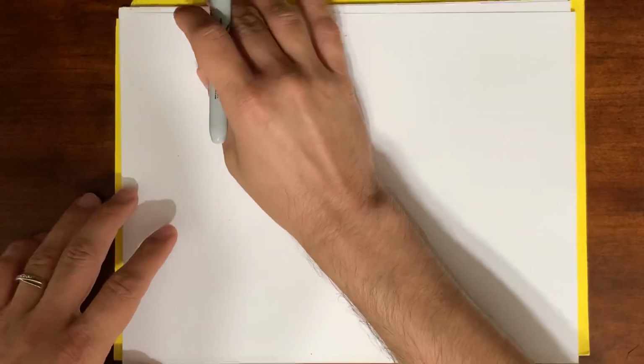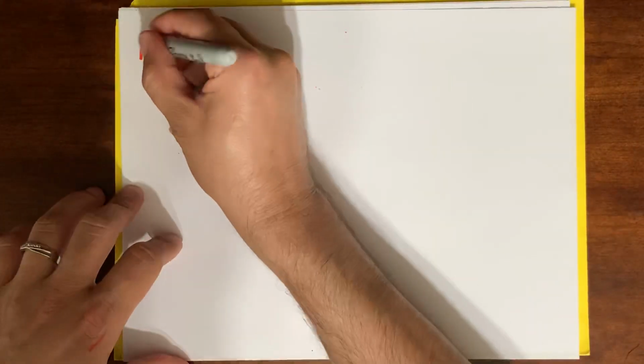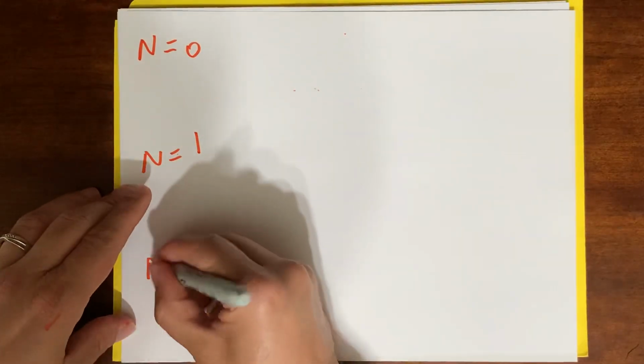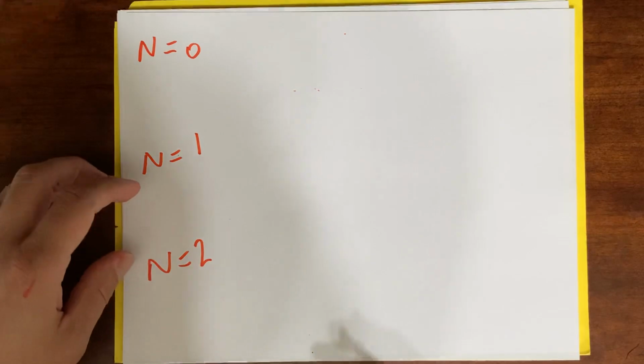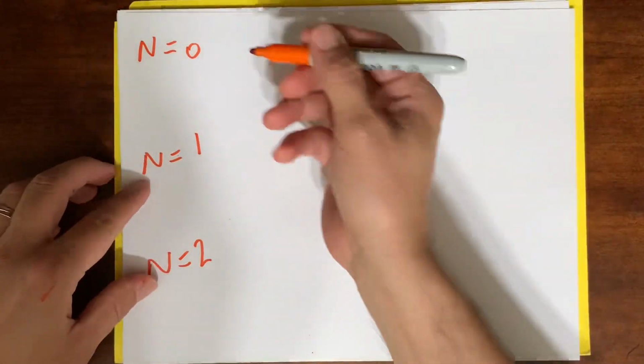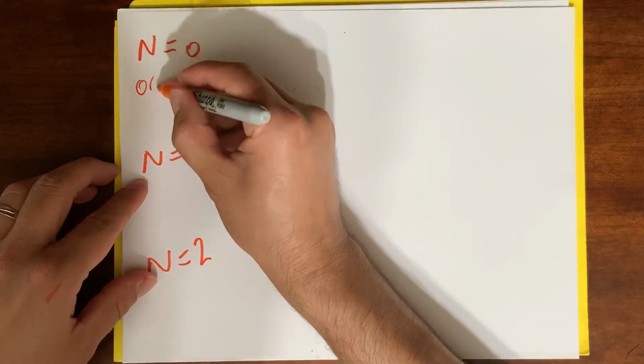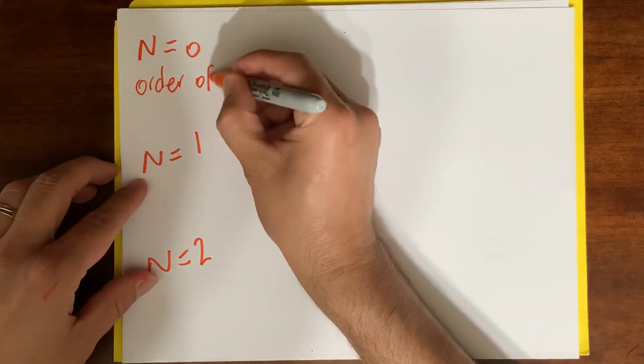I want to do it really fast. And I go with this one. n equal to 0, n equal to 1, n equal to 2. What I mean by n is the order of reaction.